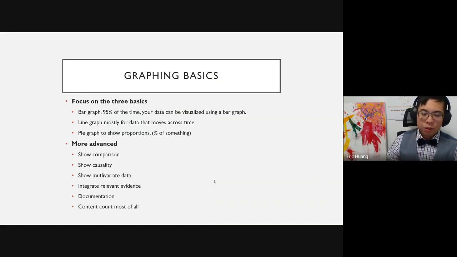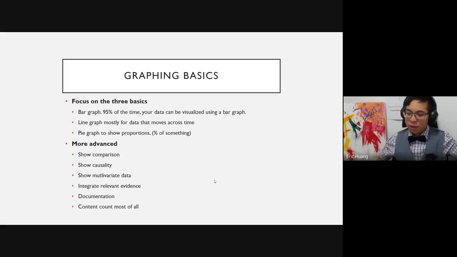Going into more foundational basics, there are 3 main types of graphs. Anytime you see data, you need to visualize it. Generally, you can say there are these 3 main graphs. Really, there's one graph that trumps it all, which is the bar graph. 95% of the time, your data can be visualized using a bar graph, and most of the time it's going to be effective and efficient.